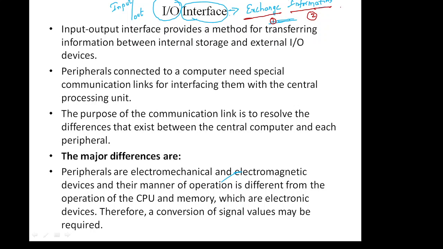So what do you mean by an interface? Interface is nothing but a mediatory part in order to exchange data or information between two components. Here, the input output interface provides a method for transferring information between internal storage and external devices.